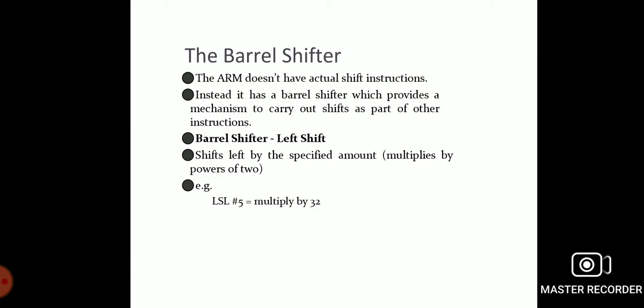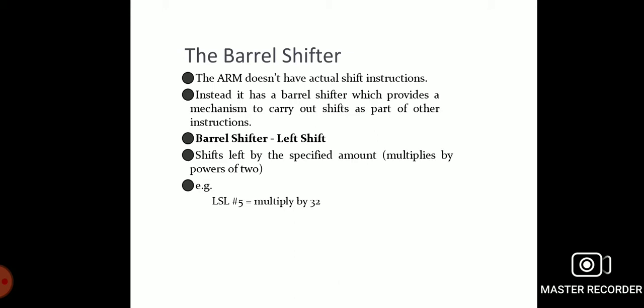The ARM does not have distinct shift instructions. It has a barrel shifter which provides a mechanism to carry out the shift as part of the other instructions. The barrel shifter does a left shift and a right shift.